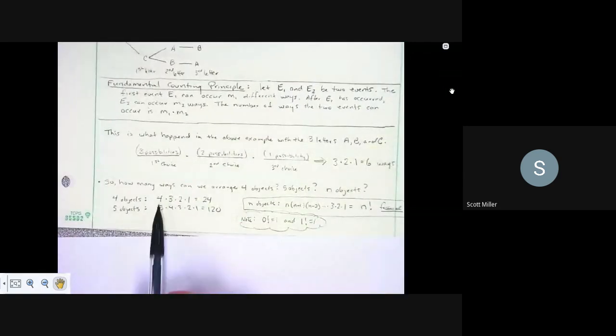If I have 4 objects, then it would be 4 times 3 times 2 times 1. If I have 5 objects, then it would be 5 times 4 times 3 times 2 times 1. And this mathematical multiplicational pattern has a name. It's called a factorial. It's hard to read that word, but it says factorial. Let me write it a little bit clearer.